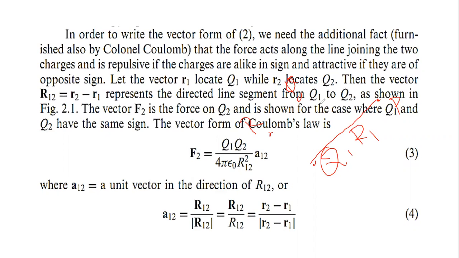At this point, the electric field intensity will be equal to Q1 divided by 4 pi epsilon naught R1 square, whereas A1 will be the position vector of this line. So A1 will represent the direction of the electric field intensity, because electric field intensity is a vector quantity.